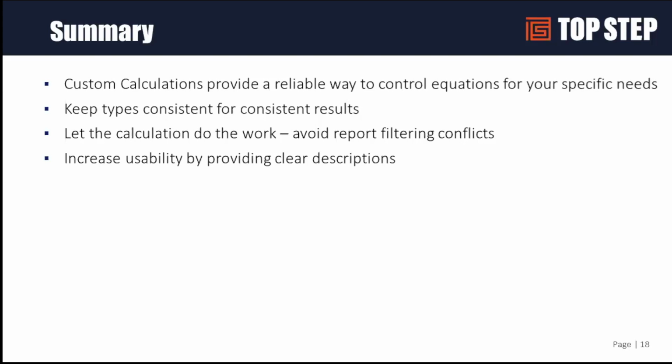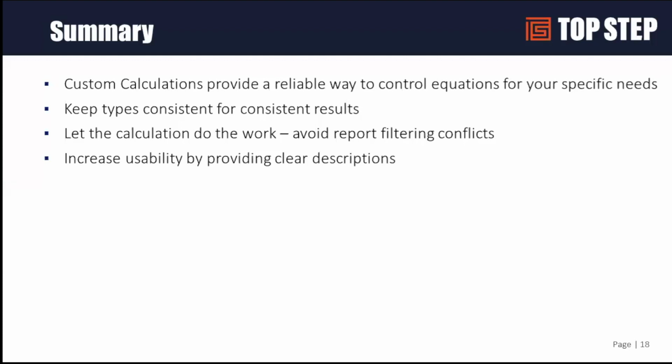They'll redefine it to use date ranges so they have more control over where the data is pulled in on a new version of booked with actuals. So custom calculations really give you that reliable approach to controlling the equation and knowing that the value that you're getting is how you would be computing it if you used Excel or something like that.